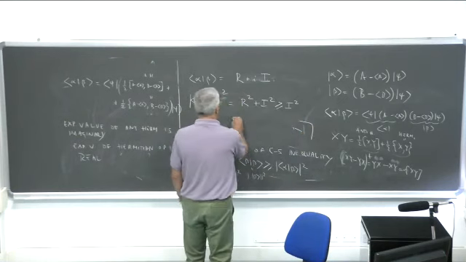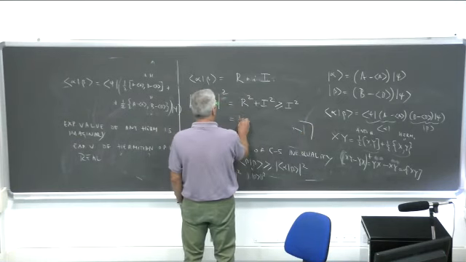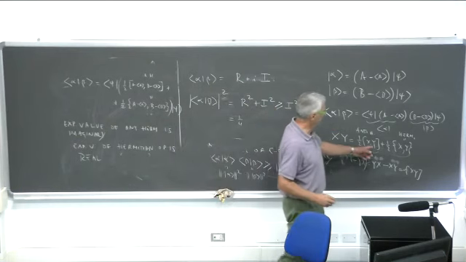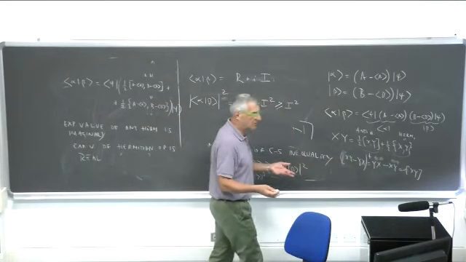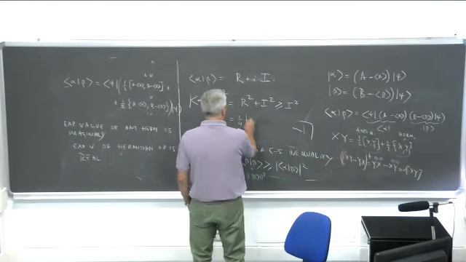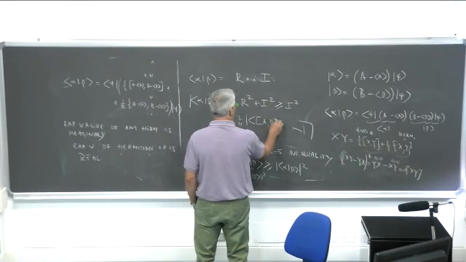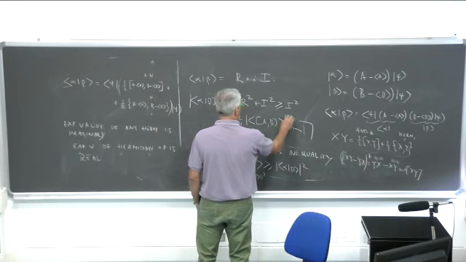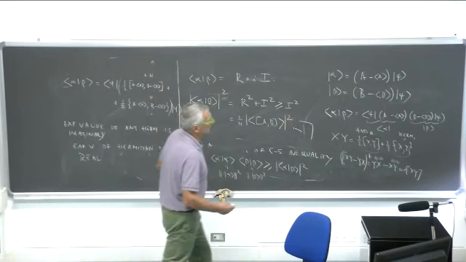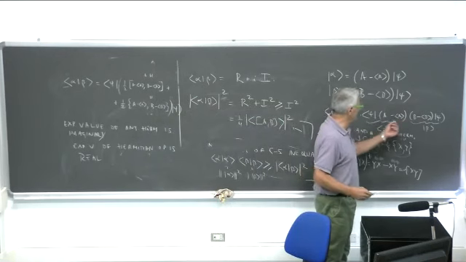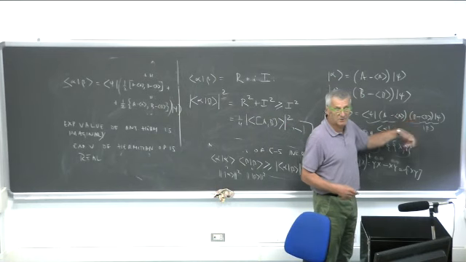This is 1/4, because there was a 1/2, but you take the modulus square so it becomes 1/4, the modulus square of the expectation value of the commutator of A and B. Because remember, what matters is only the operator part, right? The other numbers commute.